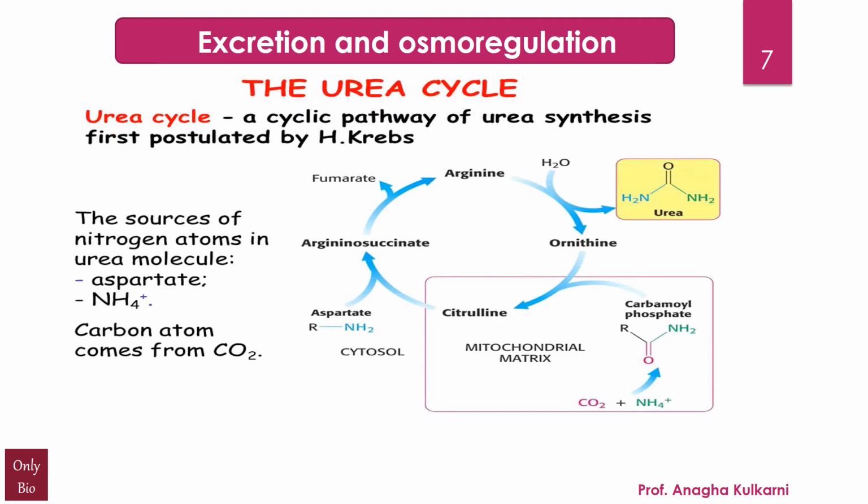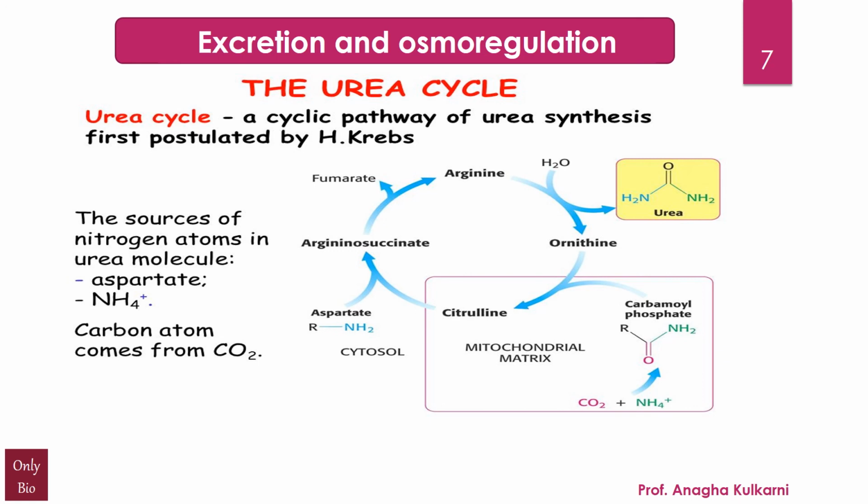Please look on the screen here. See, the urea cycle, you might have heard about it as the ornithine cycle. It is a set of biochemical reactions that produces urea from ammonia. And this cycle occurs in ureotelic organisms. Now, ureotelic organisms are those which excrete the nitrogenous waste products in the form of urea.